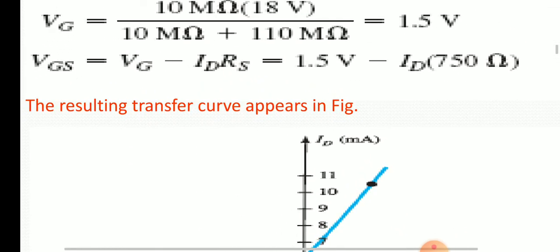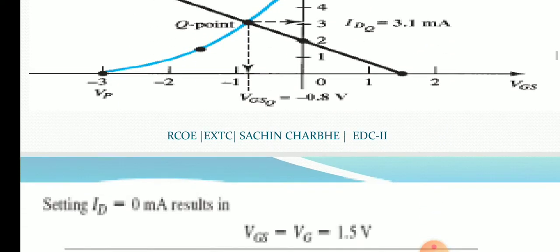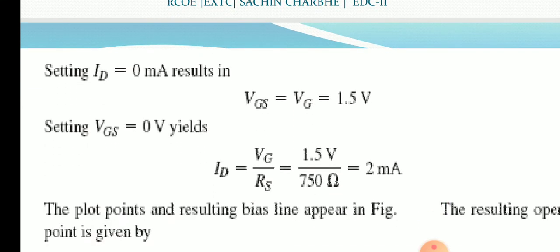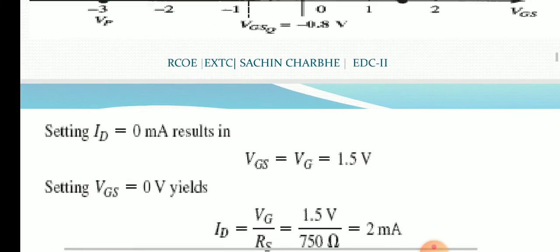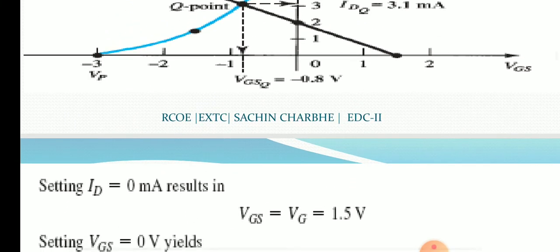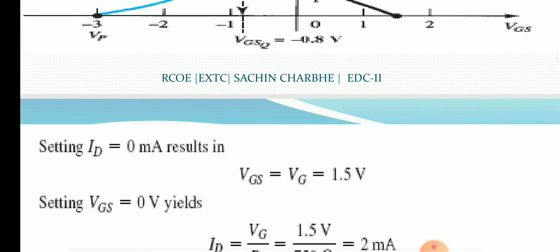Using this, you can calculate the VGS value, meaning IDQ and VGSQ you will get as different values. Some explanation: setting ID to 0 milliampere results in VGS equals VG equals 1.5 volt at drain current 0.